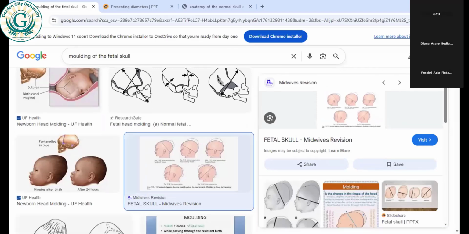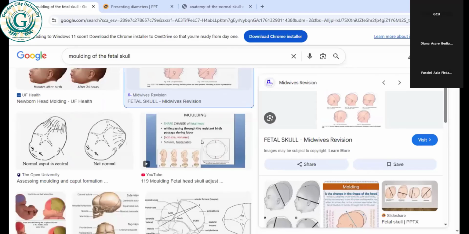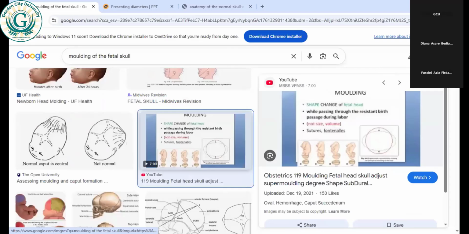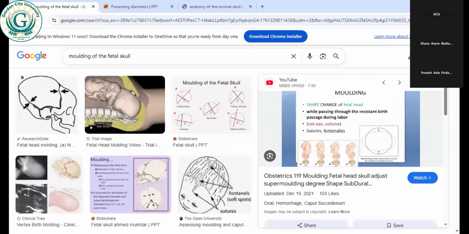The shortening of the fetal head diameters may be by as much as 1.25. So if you're talking about the suboccipitobregmatic, which is 9.5, it can reduce by 1.25, so you subtract 1.25 from it. That's how it reduces during molding, for the head to be able to pass through the cervix and through the vaginal orifice.